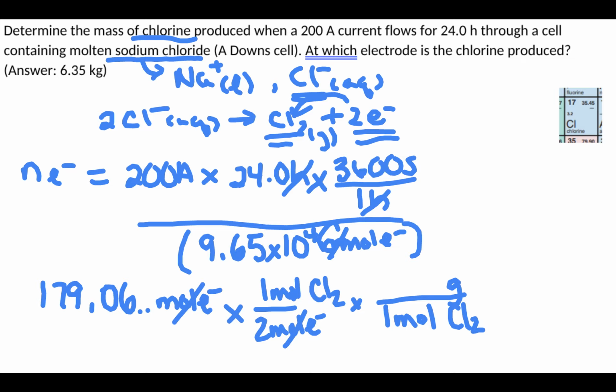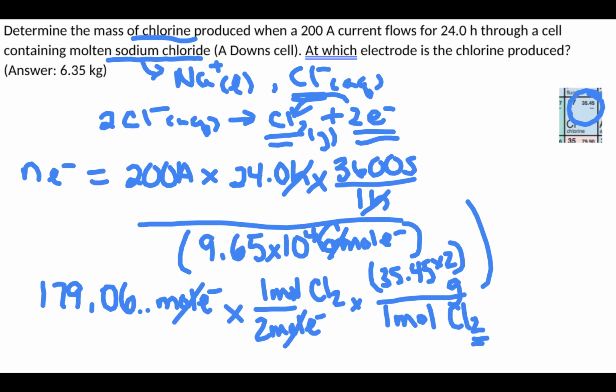Going from there, I see my molar mass, but because it's the gas, I'll just need to make sure I multiply that value by 2. So I'd have 35.45. Again, I'm just going to show that I'm multiplying this by 2 so that I have 2 of them, and then I'll just finish off that calculation. So I'm multiplying by that mole ratio, and then by my molar mass.